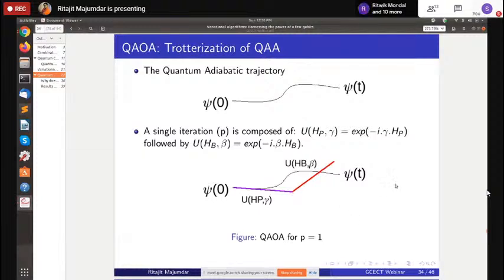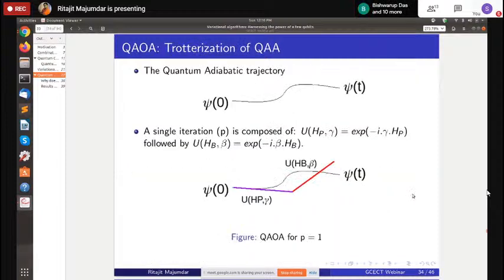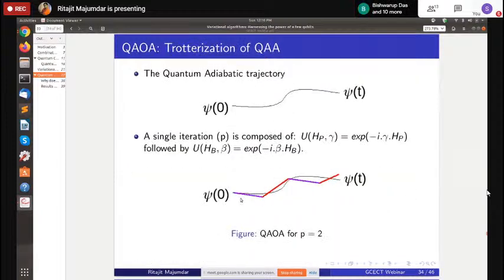Obviously, as we discussed before, for a continuous trajectory, if we are sampling at only one point, it will not be a very good sample. It will not be a very good approximation. That is what we see: this was the actual state, and what we received is somewhat here. But if we increase the number of iterations, that is, if we apply UHP and UHP again and again, what will happen is, so this is for p equal to 2, you see, the approximate state comes close to the actual state.